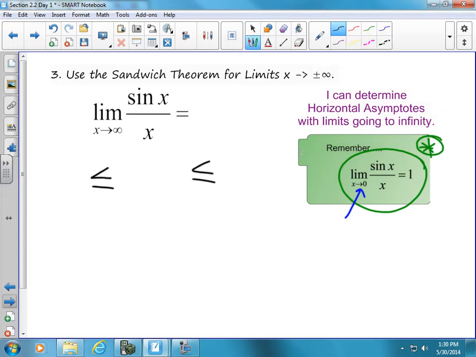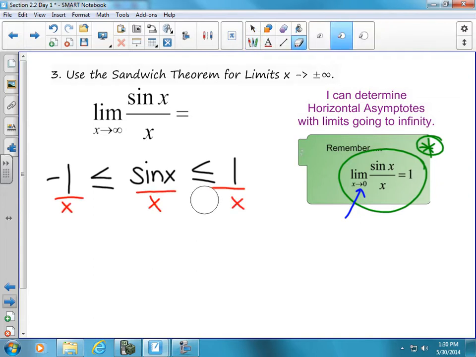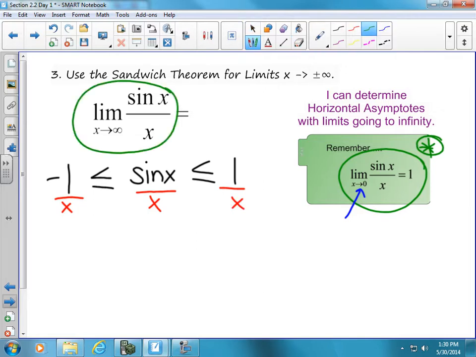Okay, so we're going to start with sine of x, because we always know that sine goes from negative 1 to 1. All right, so next thing, we're going to divide everything by x. And what we want to do in this case is make the middle part of this inequality look like the limit as x goes to infinity.